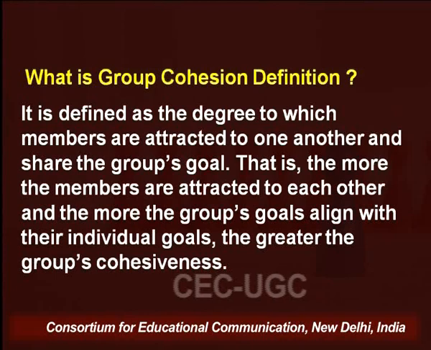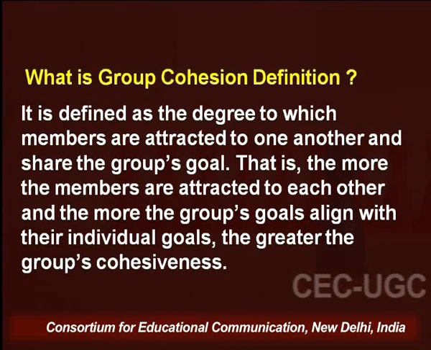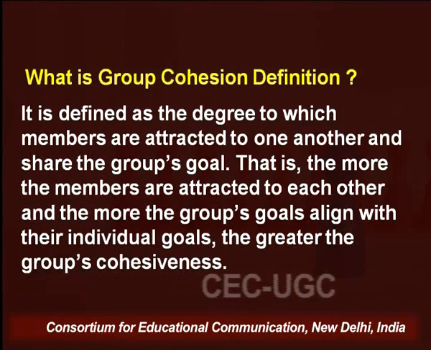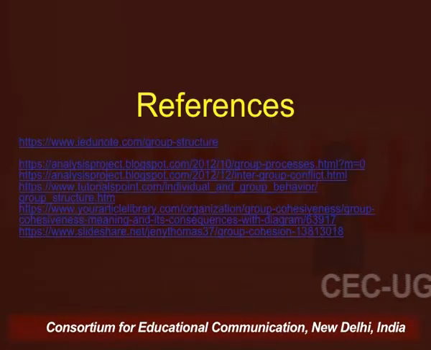Cohesiveness is important because it has been found to be related to group activities. So, it is defined as the degree to which the members are attracted to one another and share the group goal. That is, the more the members are attracted to each other and the more the group members' goals align with their individual goals, the greater is the group cohesiveness.